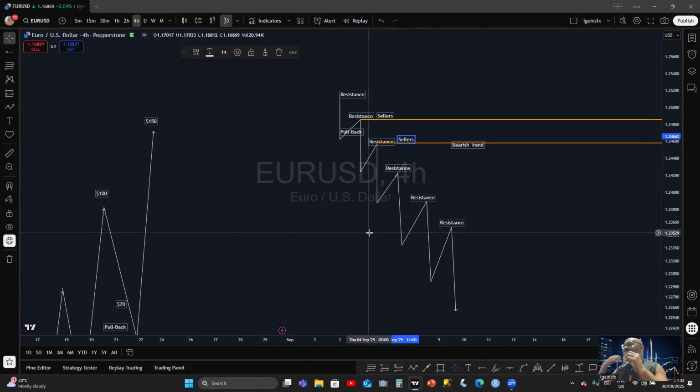It's for you to grab the concept, the understanding. As simple as that. Once a new price is given here, what happens in the market is that buyers are here. They will buy from here, push the price like this.